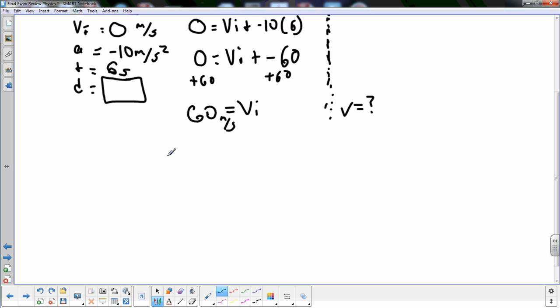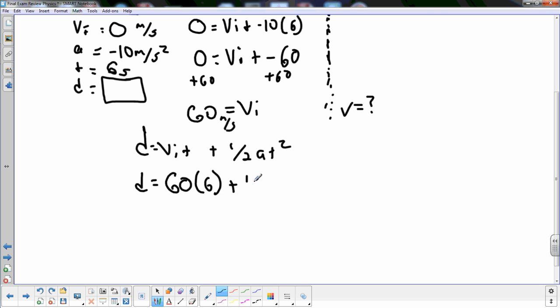So let's go ahead and do that. Our distance is what we're looking for. Our initial velocity was 60 meters per second times our time of 6 seconds plus 1/2 negative 10 t squared. You could do VF squared equals VI squared plus 2AD too. I'm just doing it this way.